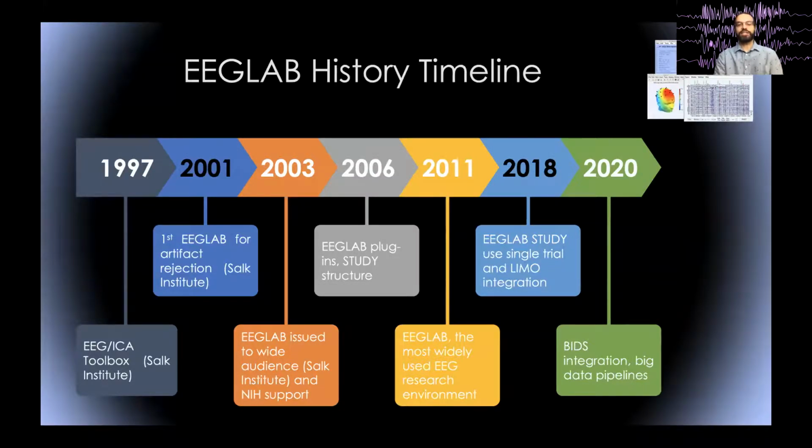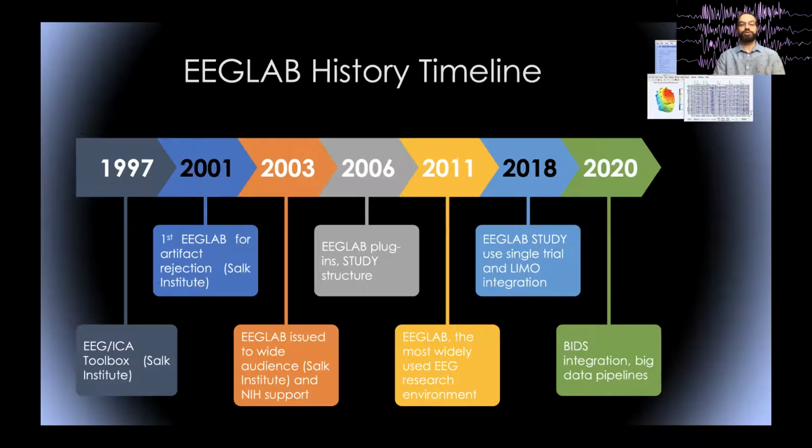In 2006, we implemented a plugin mechanism so people could plug in their own code. And we believe also that's one of the reasons EEGLAB is so successful, is that we have right now 130 plugins, and we have a plugin manager where people are in EEGLAB and they can download these additional extensions to do custom processing.